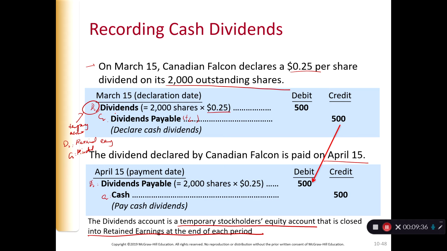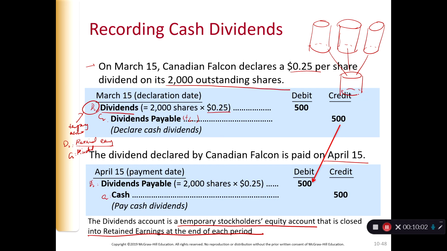So that's what it means. This debit to retained earnings is going to be used to reduce the retained earnings for the current period when you close the dividend account. Remember, we talked about there being several buckets, right? The revenue bucket, the expense bucket, and the dividend bucket. They're all going to go to the retained earnings bucket.